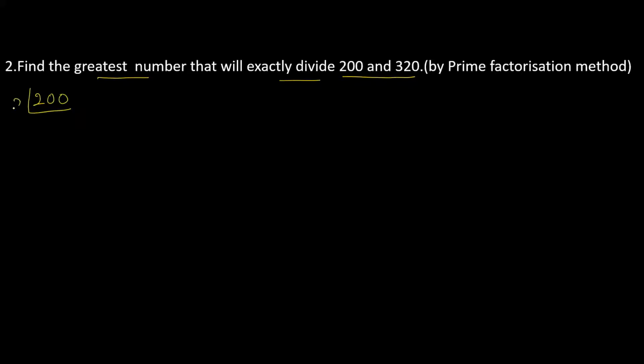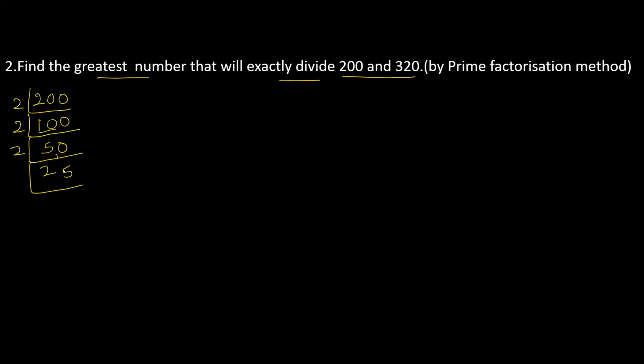200. 2 1s are 2, zeros, write 0, 0. 2 5s are 10, so write 0. 2 2s are 4. 5 minus 4, 1. So 10. 2 5s are 10.